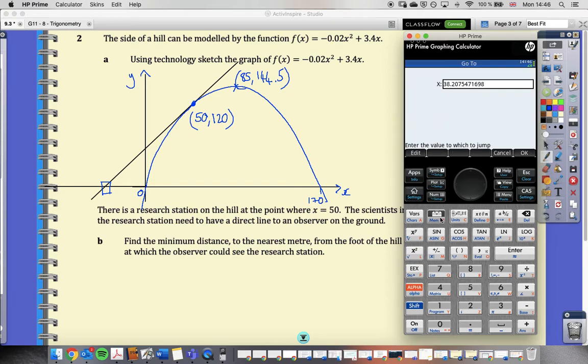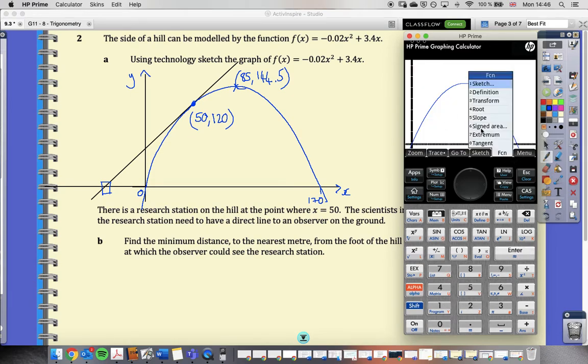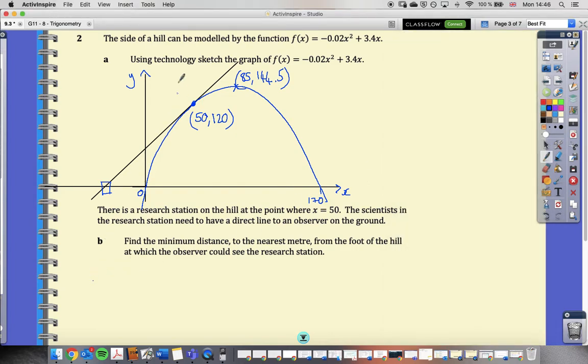So if you're doing a few things at x equals 50, once you've finished, it's worth just checking, am I still at x equals 50? Yes, I am. So back to the question. My slope was 1.4. So for our tangent m equals 1.4, and we're going through (50, 120).